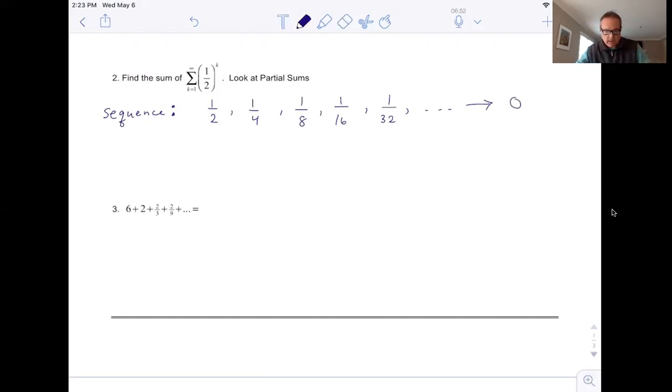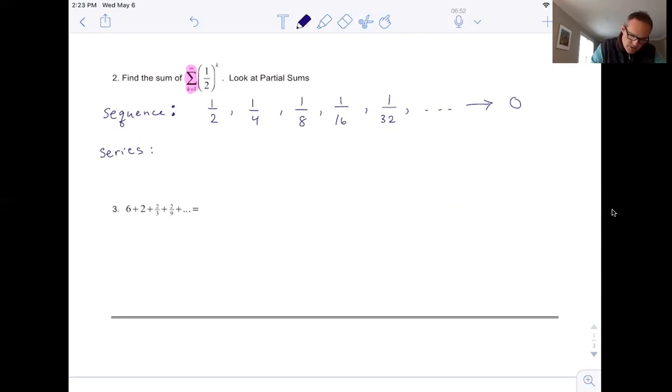It'll get infinitely close. But we're interested in the series, right? That sigma out front says add things up, and on the top, the indexing variable goes to infinity, which means we just keep going and going and going. So what does that mean? For the series, we're not putting commas between these terms, we're putting plus signs, so we're adding them up.